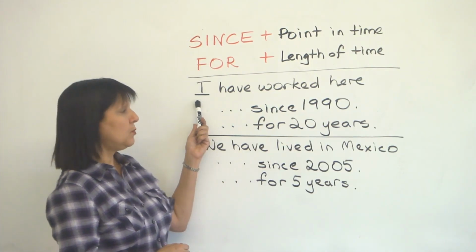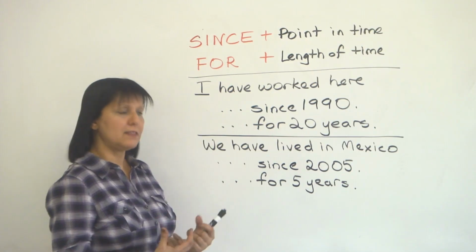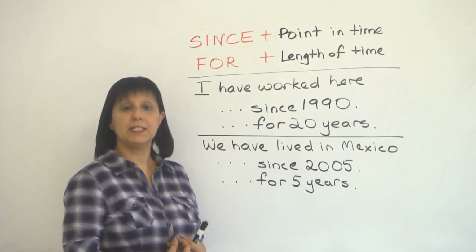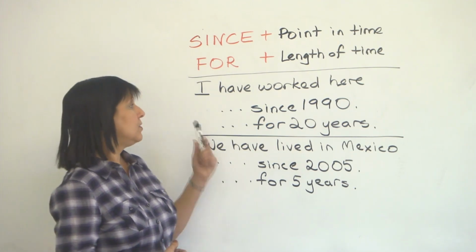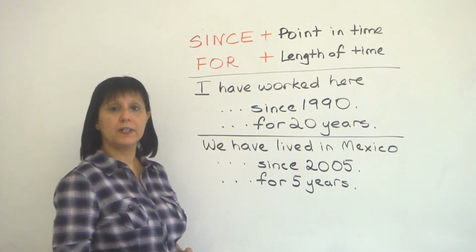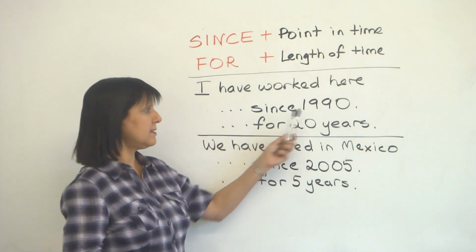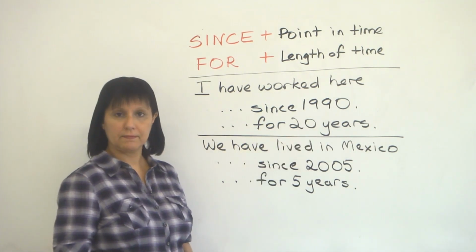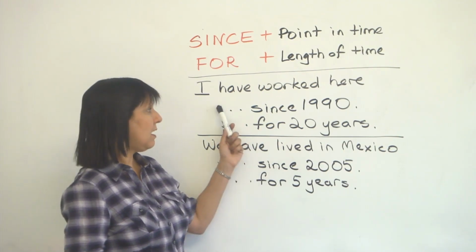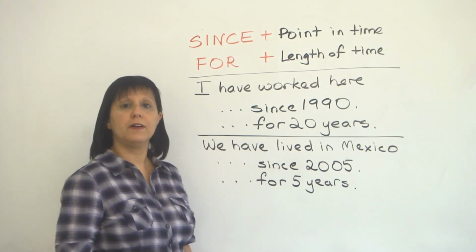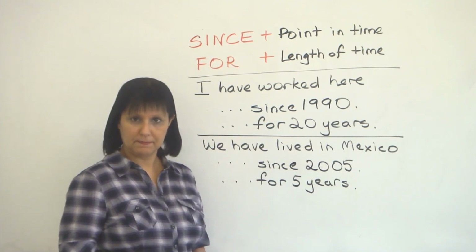Okay? We could say, let's suppose that the year is 2010, which it is actually right now, 2010. So I could say, I have worked here since 1990, right? Or if it's 2010, I have worked here for 20 years, right?